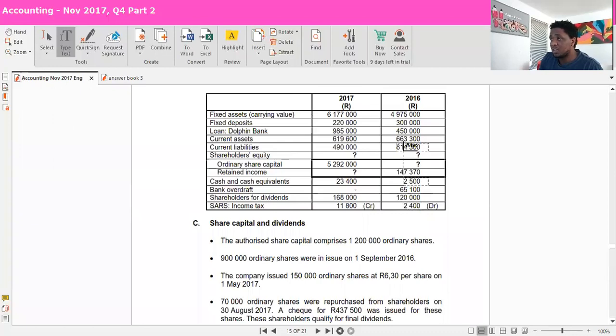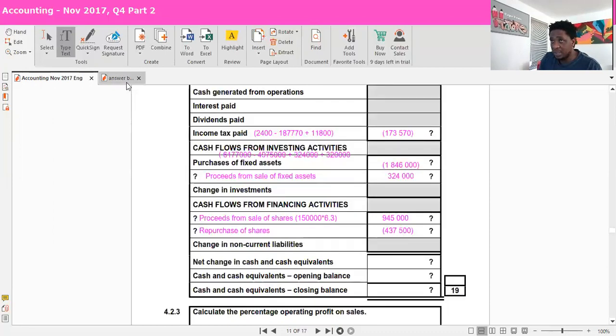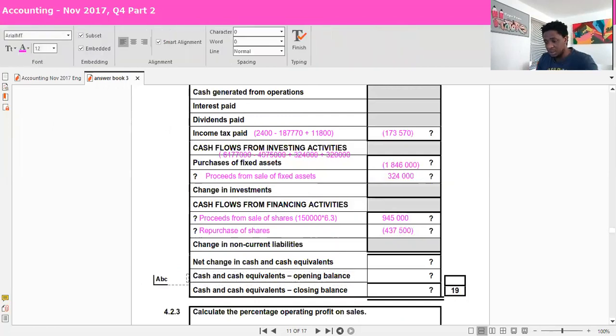At the beginning of the year, we had cash and cash equivalents in the balance sheet of 2,500, but also had a bank overdraft of 65,100. And then in that case, our cash and cash equivalents at the beginning of the year would have been, I'll just put the calculation right here so you are able to see it.